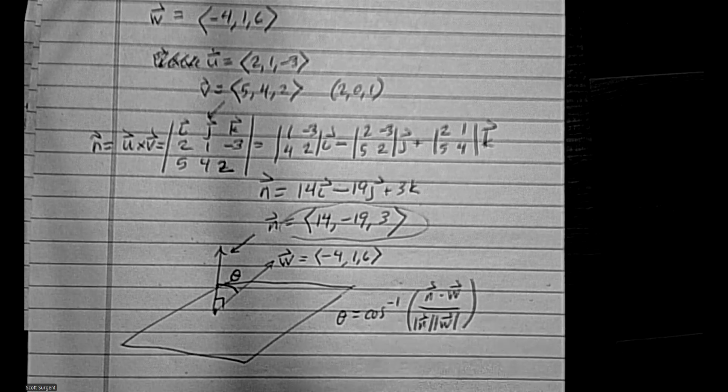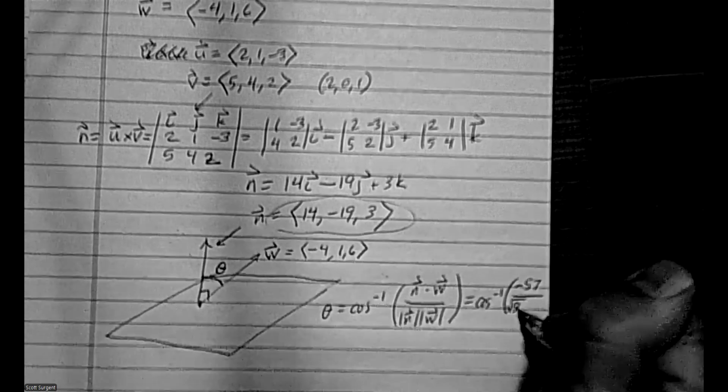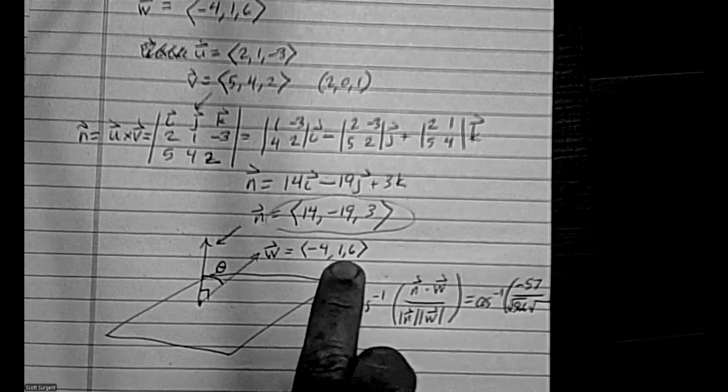N dot w: 14 times -4 plus -19 plus 18. I get -57. And then the radicals: 14 squared plus 19 squared plus 9 is rad 566. And then we have 16, 25, 41 for w.